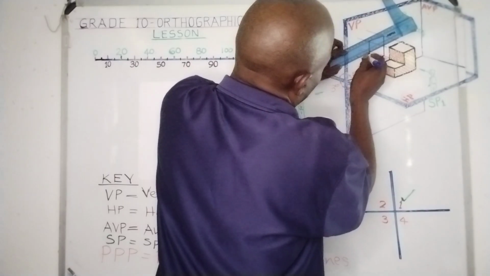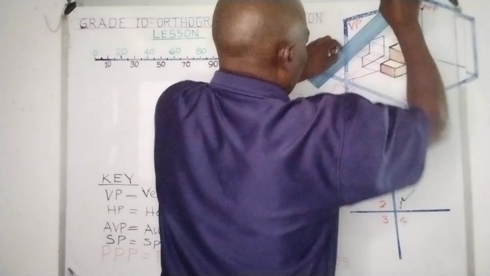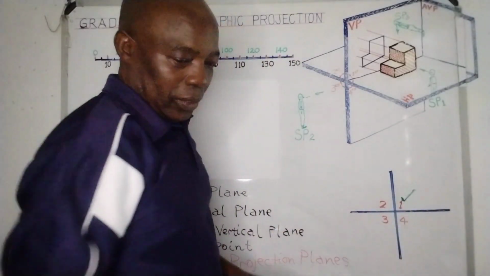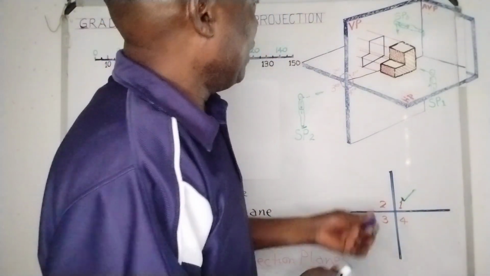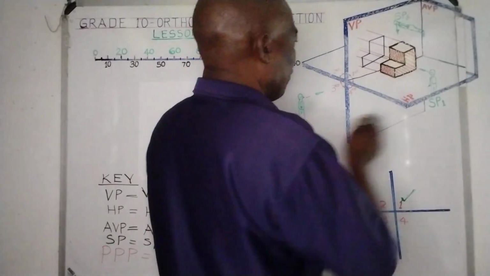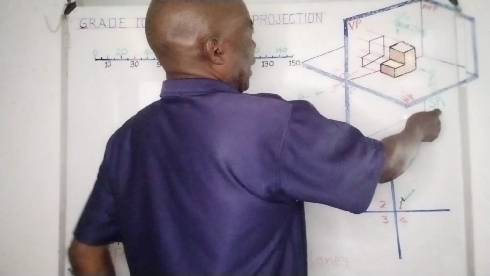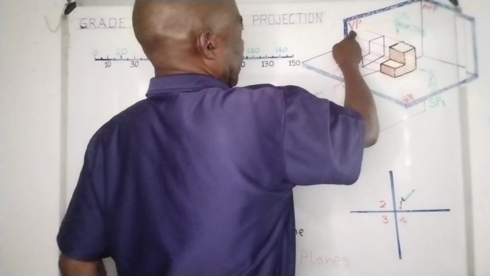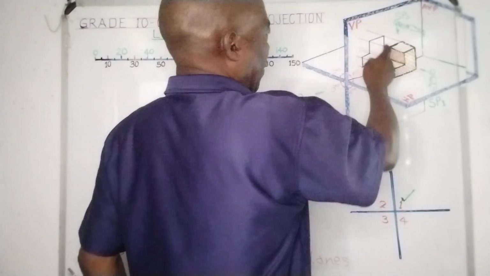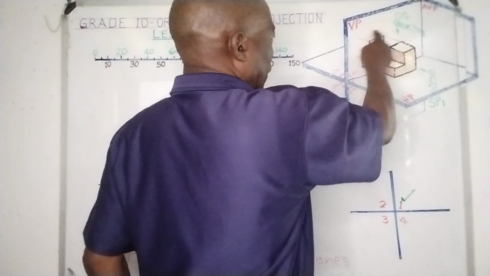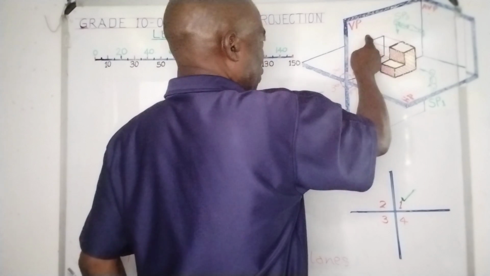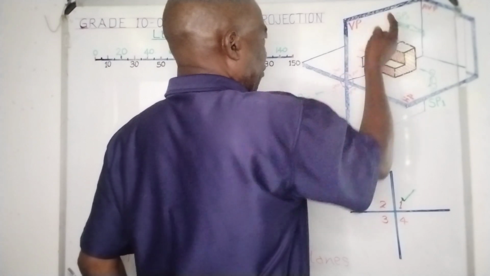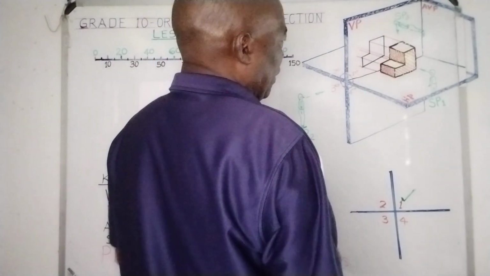So now let me erase these unnecessary projection lines so that they don't mar our drawing. Like that. So that's our front view, and as you can see, the front view has got a diamond shape.